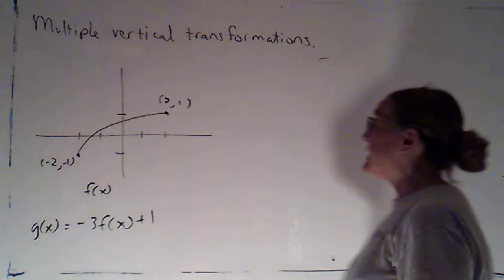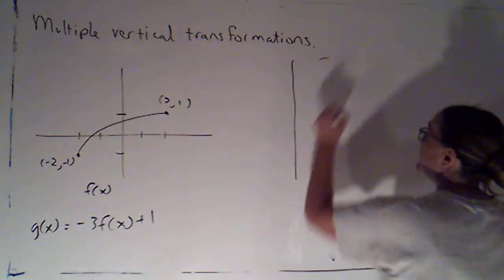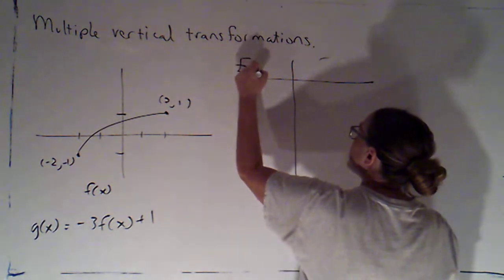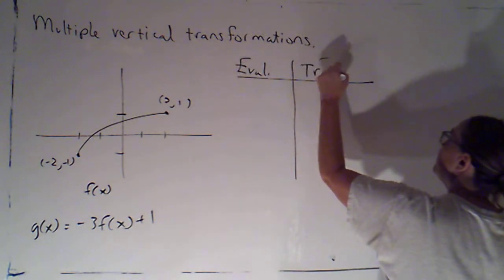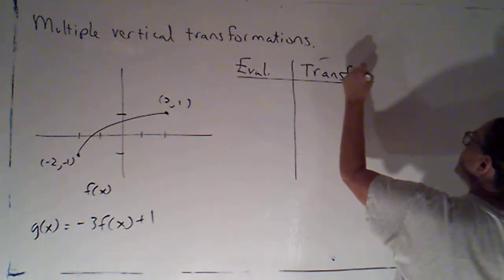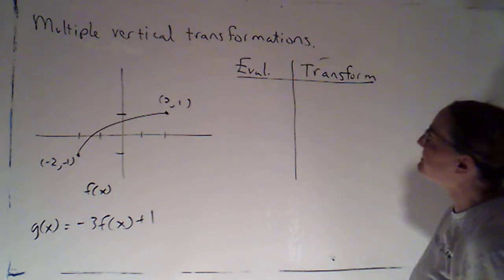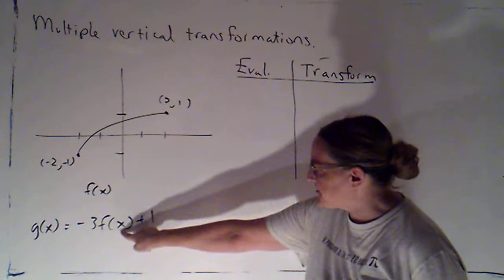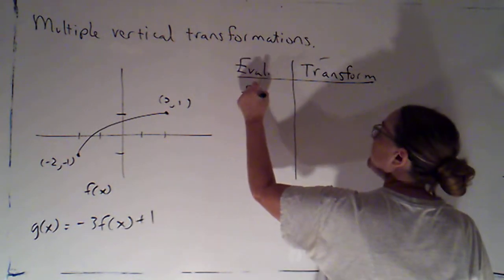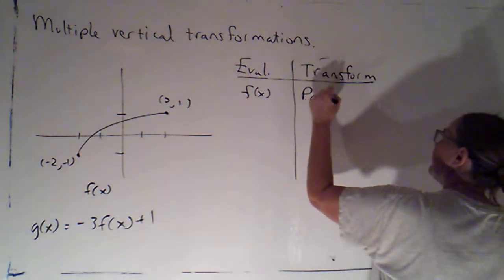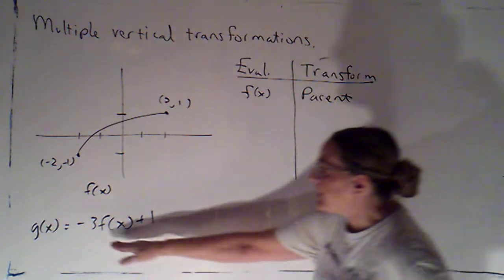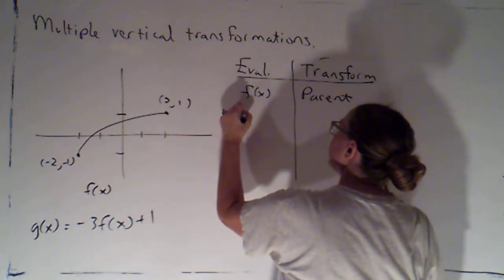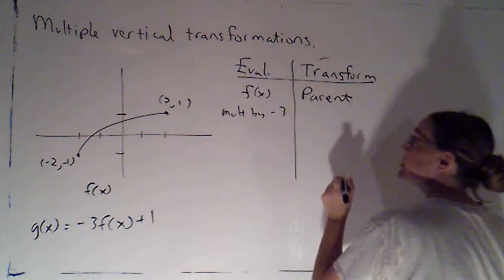Okay, so I can do basically the same things here. I can create this table where I say, here's what I'm going to do to evaluate the function, and here's how that's going to transform the graph. So if I were plugging in a number for x, the first thing I would do is evaluate f of x, and that's my parent function. Then I would multiply by -3, and that does two things.